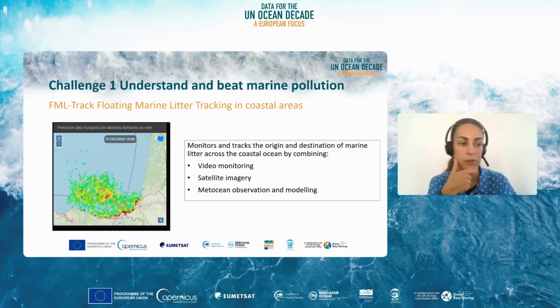This service combines video monitoring, satellite imagery, and meta-ocean observations and models to track where marine litter comes from and where it's headed in the coastal ocean. It's a valuable tool for public administrations, cleaning companies, associations, and scientists to make informed decisions on how to track marine pollution.